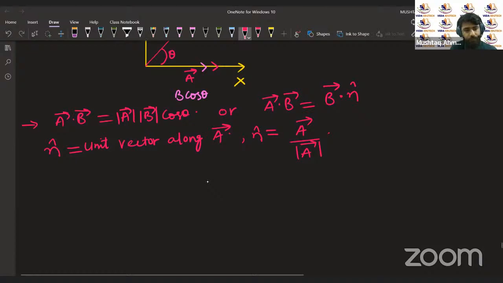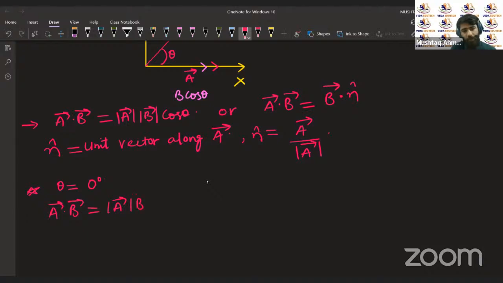Suppose theta is the angle between these two vectors, and theta is equal to 0 degree. Then A dot B is going to be equal to mod of A multiplied by mod of B, cos of 0. Cos of 0 is 1, so we'll be left with mod A into mod B. This is the maximum value of the dot product between the two vectors.